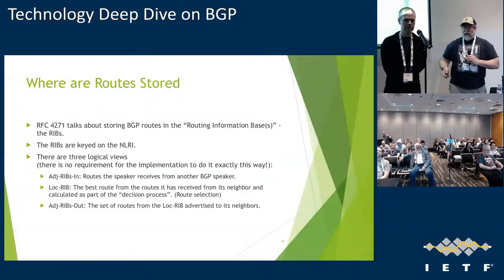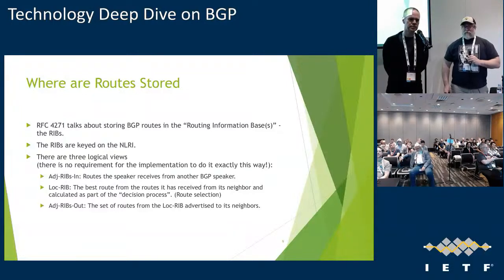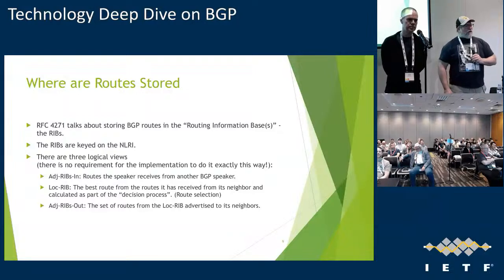In terms of that work, well, you've done all the work for parsing these things. They have to go into something. Well, sort of in OSI type speak, because that's where we started this stuff, BGP routes go into the routing information bases, the RIBs. The RIBs are keyed on those NLRIs that we talked about. Again, this is why it looks like a key value protocol. And we have 3 views that BGP tends to use for things.